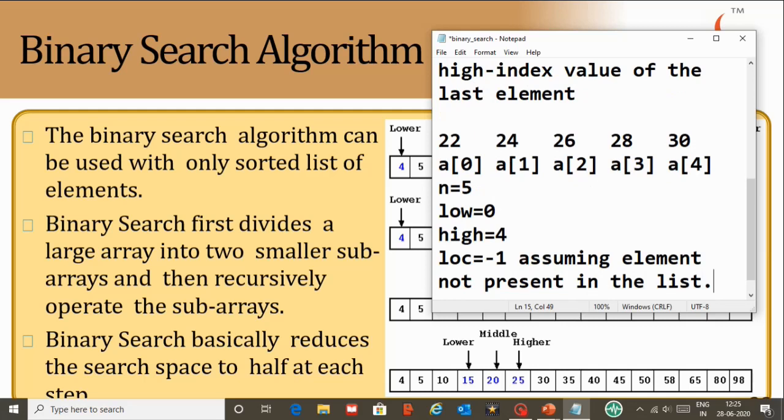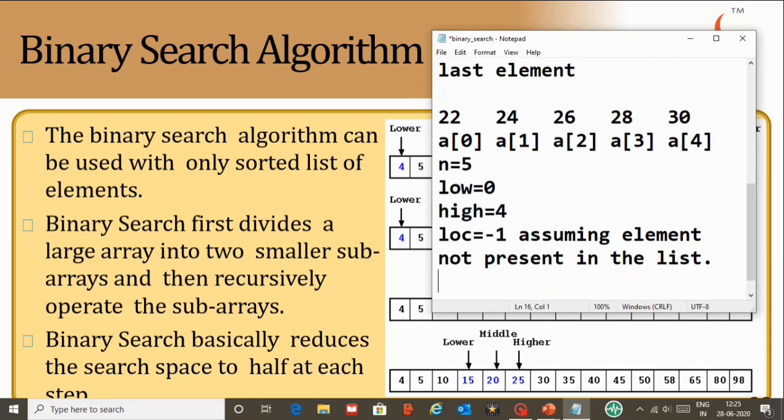To begin with, I will say LOC is -1 because the array subscript starts from 0. So if it is 0, it means that it is the first element. For that reason, I will make LOC equal to -1, assuming that the element is not present in the list to begin with. Now, for example, the search element, that is, the element I am searching for, is 28.